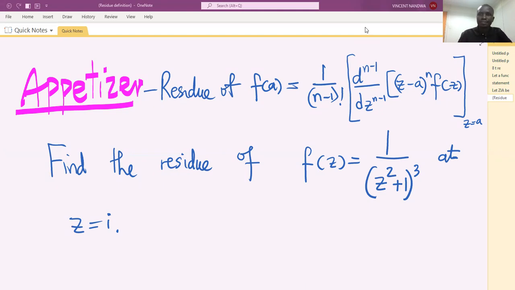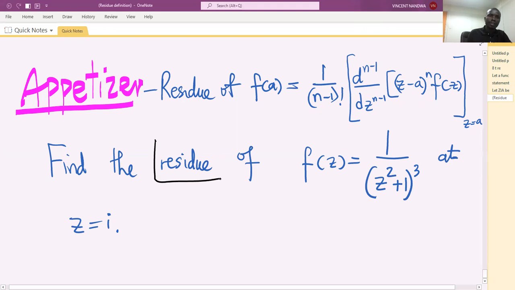Welcome back. So we have another problem which tests on application of this formula for finding residues, that we have to find the residue of the function f of z defined by 1 over z squared plus 1 cubed at the point z equals i.